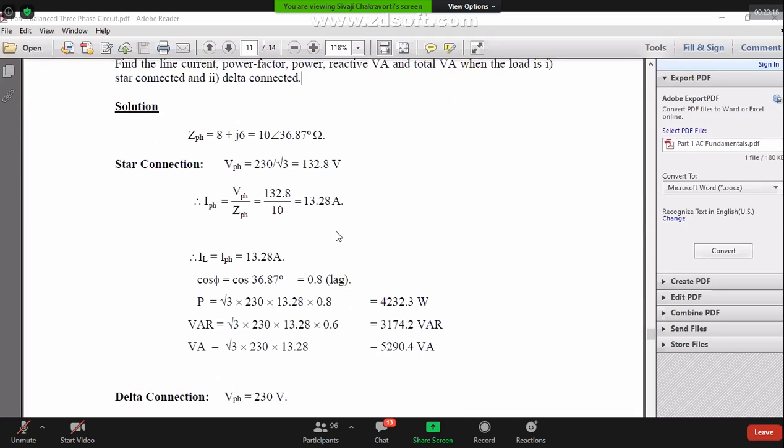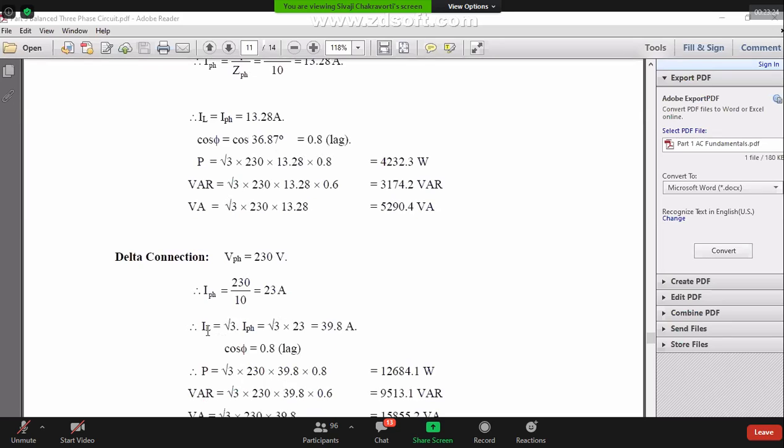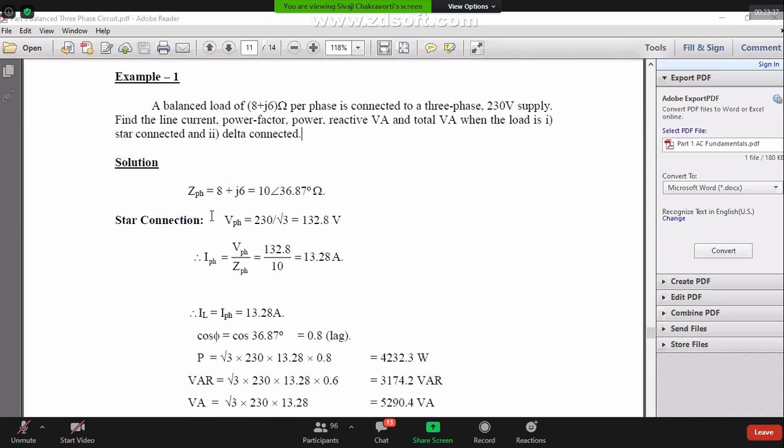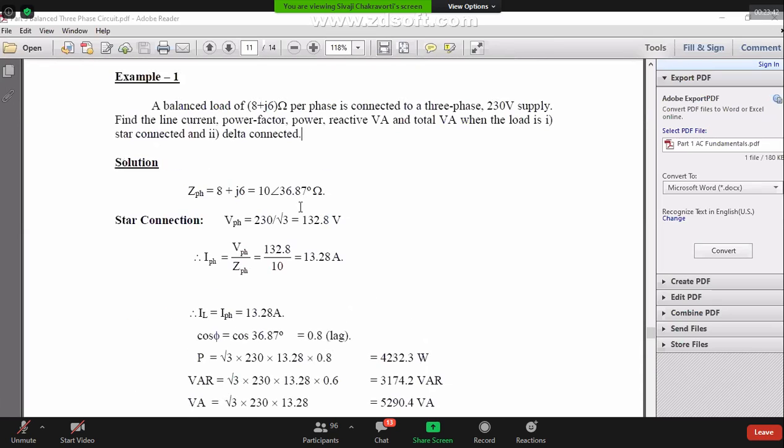Then what is the result for the delta connection? Delta connection states that the line voltage is equal to the phase voltage. So phase voltage is 230 volt, because line voltage is 230 volt. Now phase impedance has not changed. As per the problem statement, phase impedance is this one, Z phase 10. So phase current is 230 by 10, so it is 23 amperes.